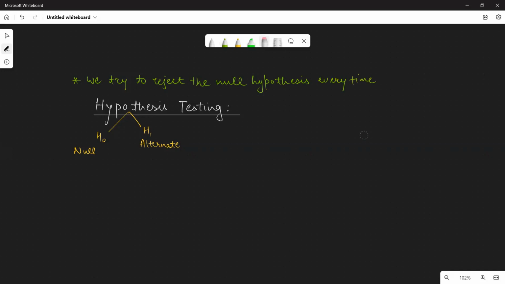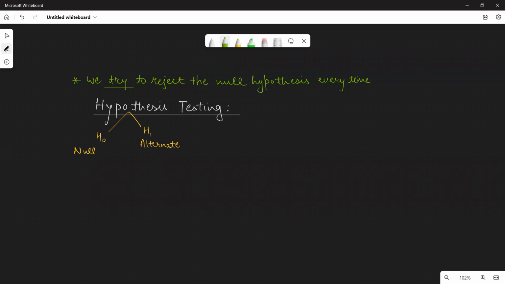This is actually the objective. We cannot claim that every time we will be in a state to reject the null hypothesis, but we will try. That is the objective. Why do we do that? We will realize that in the next 5-10 minutes. So this is the thumb rule. If we are able to remember this small point, it becomes easy to work on the problems.